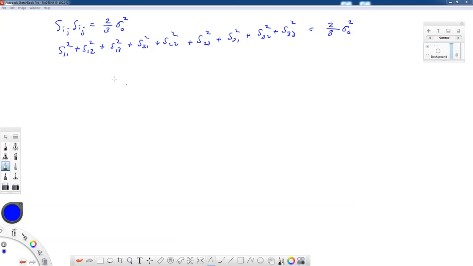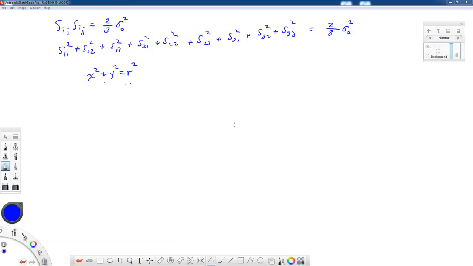Well, if we think of this in just the right way, this really looks very similar to the equation of a circle. And the equation of a circle is like x squared plus y squared is equal to some radius squared. Of course, the equation of a sphere is x squared plus y squared plus z squared is equal to r squared. But what we have here are 9 quantities squared equal to some r squared term.